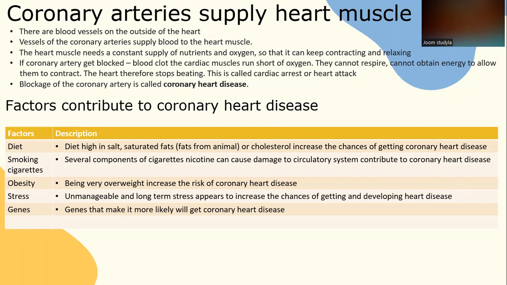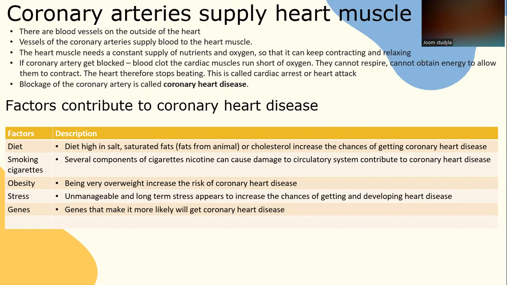What are the factors that contribute to coronary heart disease? One of them is diet. A diet with high salt, saturated fat, fat from animals or cholesterol increases the chances of getting coronary heart disease. On top of that, smoking cigarettes, because cigarettes contain nicotine. Nicotine can cause damage to the circulatory system that indirectly contributes to coronary heart disease.